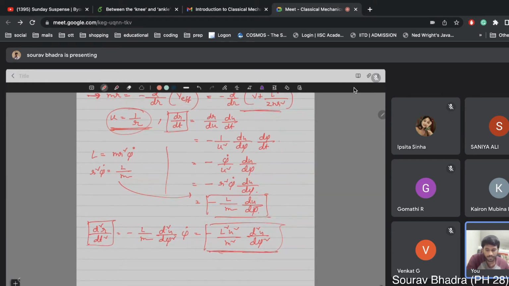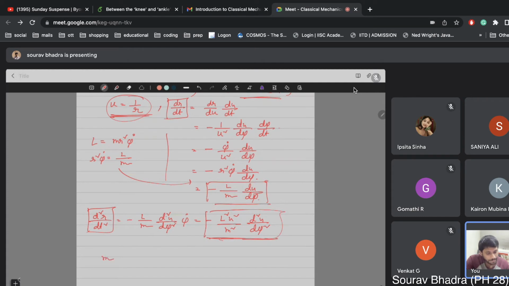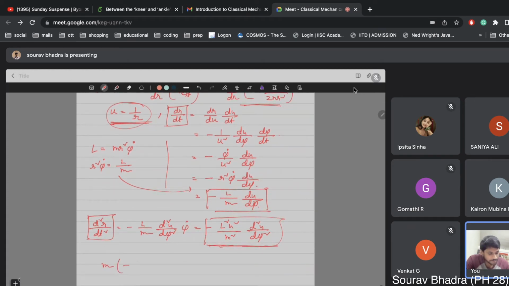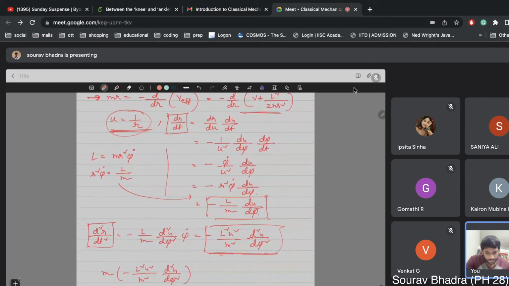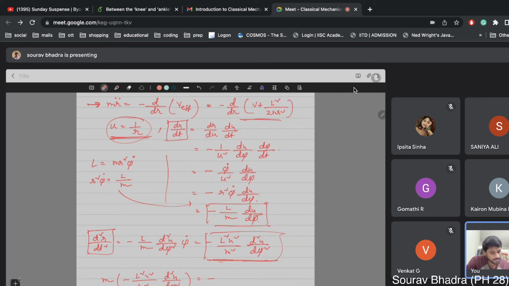So if you replace all the things accordingly, then you will get the total equation as L square u cube by m is equal to f of 1 by u.